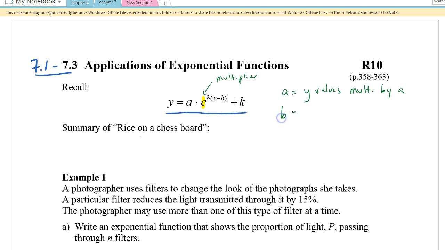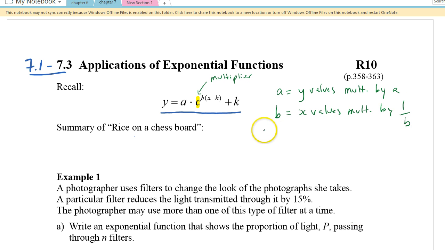Your b, your x values are multiplied by 1 over b, and then we also get a shift of h to the right and k up. So h to the right, or if it's negative, it'd be left, or if k is negative, it's down.